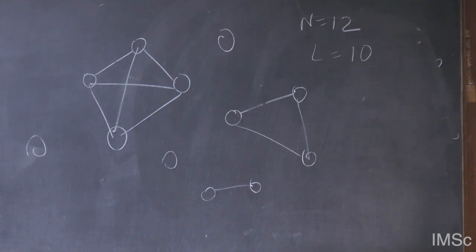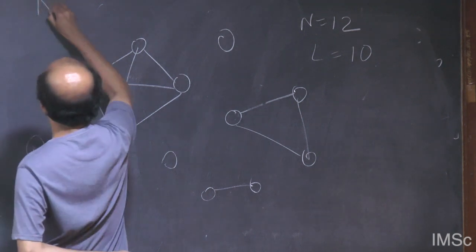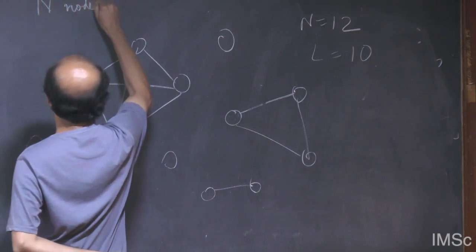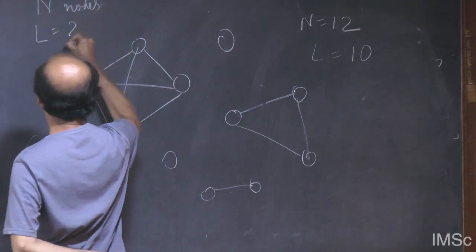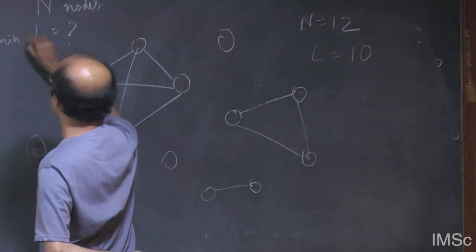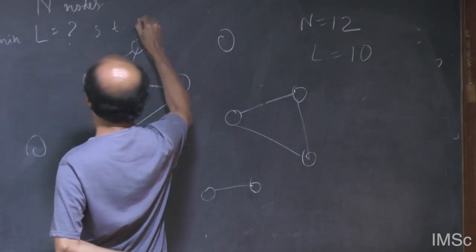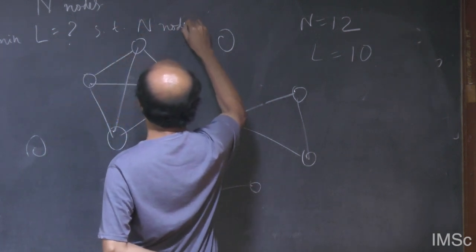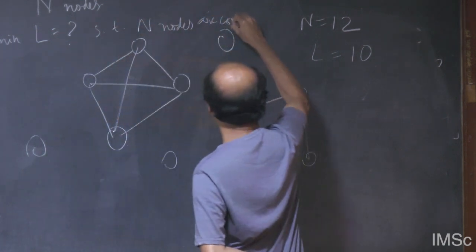What's the minimum number of edges required to make n nodes connected? What do you think? So you have n nodes, and I want to know what is the minimum value of L exactly, such that the n nodes are connected, okay?